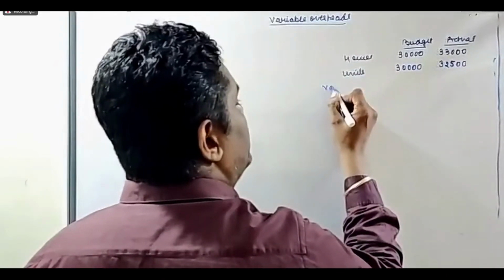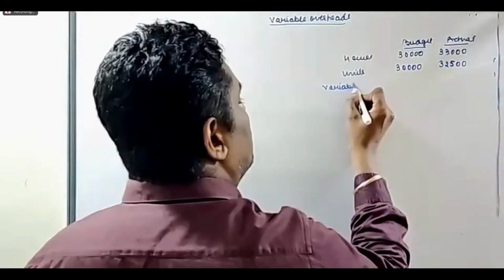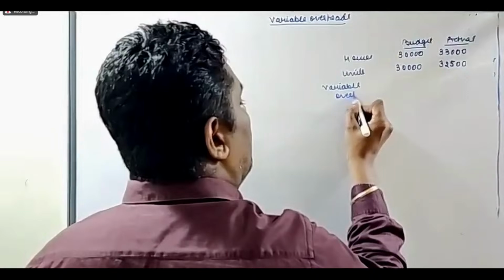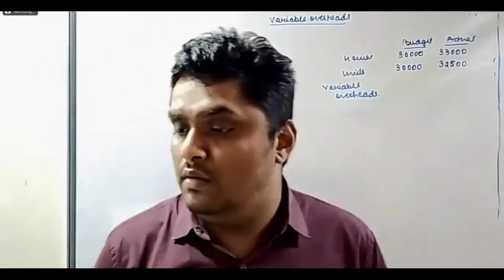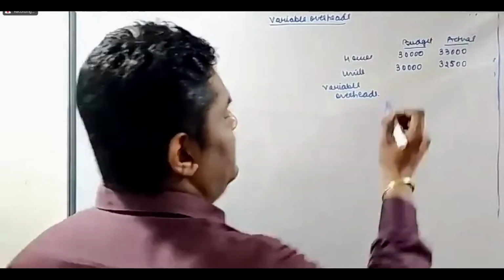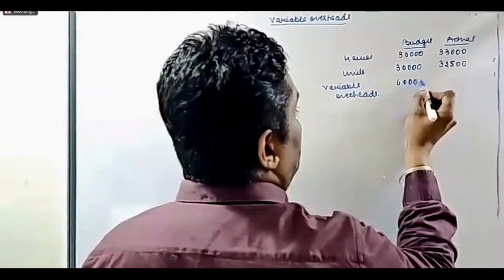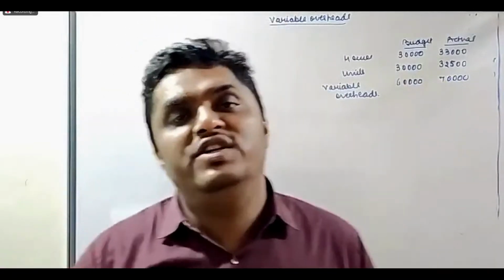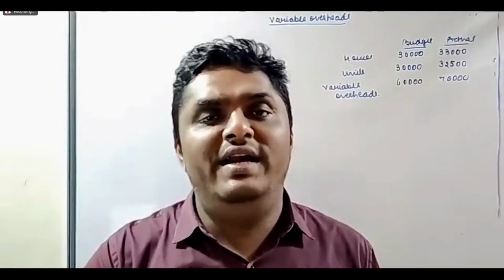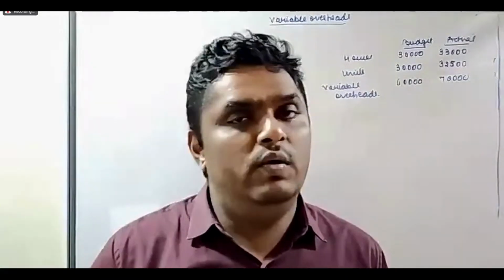And variable overheads, that is 60,000 and 70,000. Very important, guys: if the days are given in the question of variable overhead variance, you have to ignore them. If the information regarding days is given, better ignore it for calculating variable overhead variance.